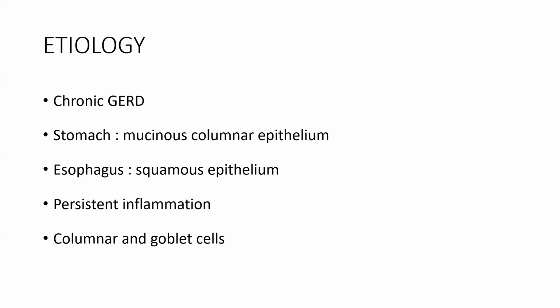The esophagus is lined by squamous epithelium, and as a response to the acid irritant, the squamous epithelium of the esophagus becomes inflamed, and the continuous exposure to acids leads to persistent inflammation and a columnar metaplastic reaction with the eventual development of intestinal type epithelium, which is characterized by goblet cells.